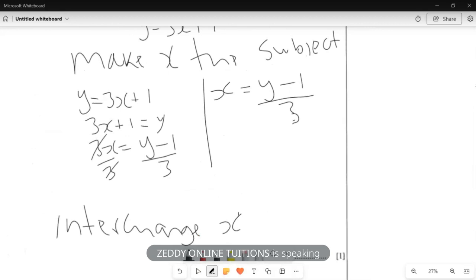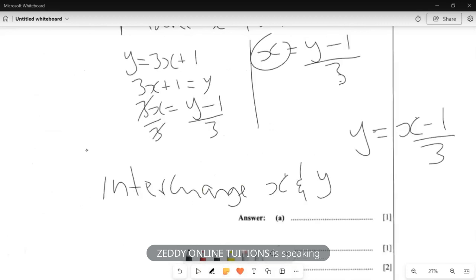My handwriting on whiteboards is very terrible, I'm telling you. So interchanging X and Y here, where there's X we put Y, and where there's Y we put X. So Y will be equal to X minus 1 over 3.